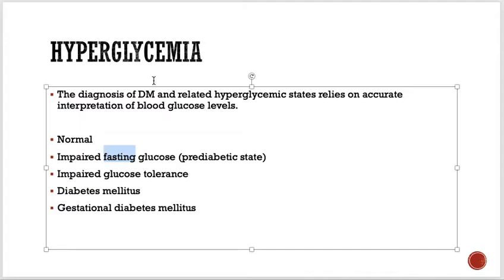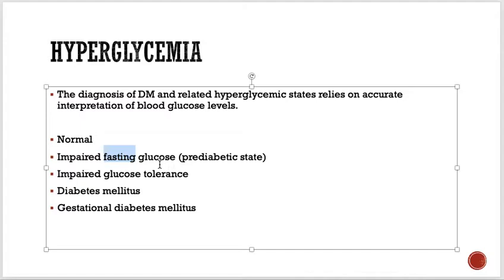For example, if someone is fasting for hours and you collect the sample, in simple words, they say you have to do this test early in the morning without eating anything. What it means is they want to check your blood in the fasting state, right? So basically we check the blood sugar levels in the fasting state, and when they are above the normal values, we call it impaired fasting glucose.